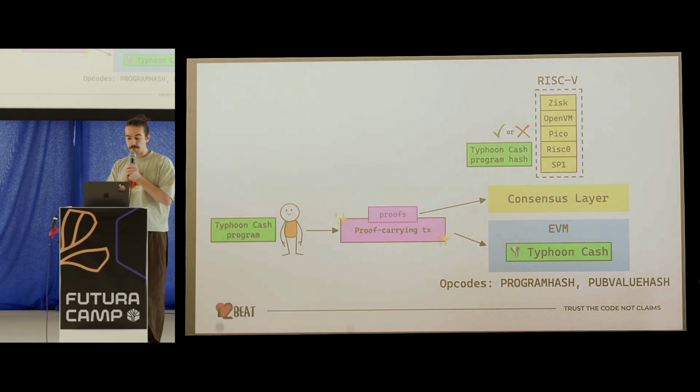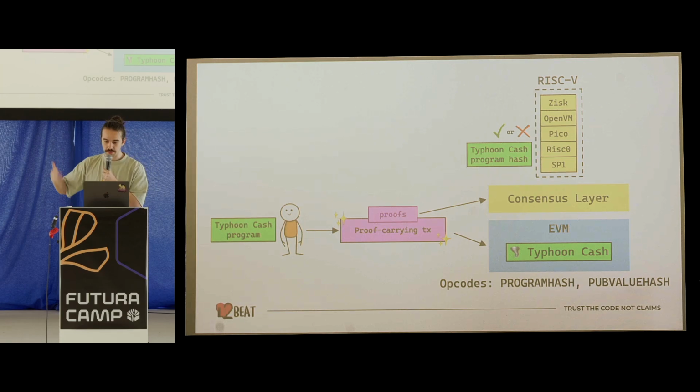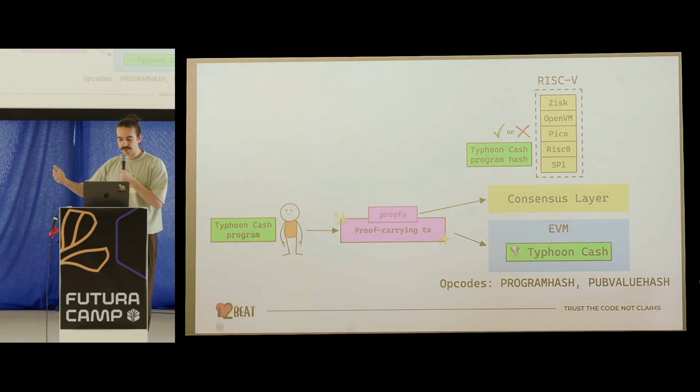It will generate the proof. The proof goes to the consensus layer. It passes the program hash, and all the validators have this RISC-V infrastructure that will just verify the proof using the same thing. And then on the EVM, if the transaction does not revert, it means that the proof has passed, so you can take the inputs and use them within the EVM.